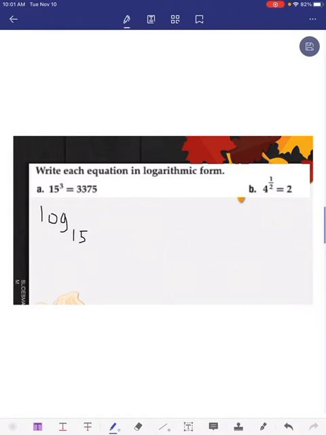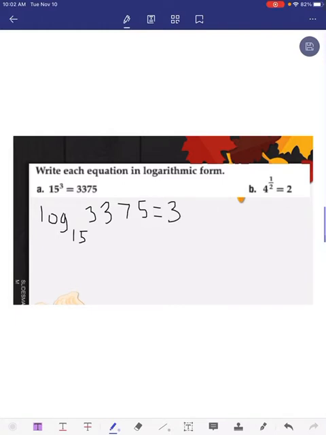It is the power, basically, that we're exponentiating things to by a power of 15. So then we know that logarithms equal exponents. So I know that my exponent is going to go over to the other side. And then on the inside of my logarithm is going to be 3,375.